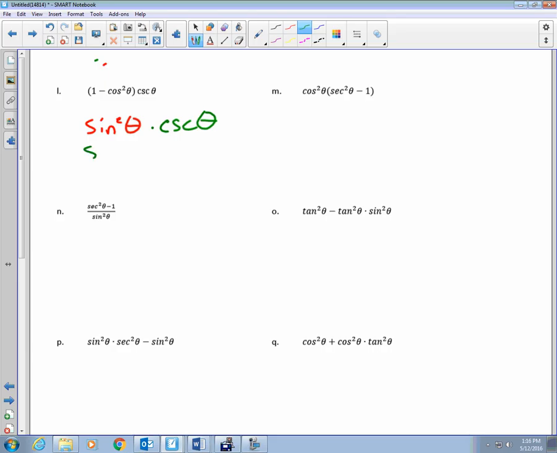I can now write this as sine squared theta over 1 times 1 over sine of theta. What will happen? Do both of the sines cancel, or just one of them? Just one of them, and we're left with sine of theta.